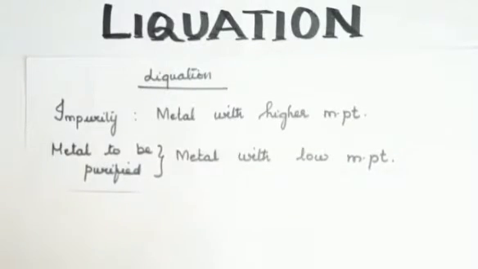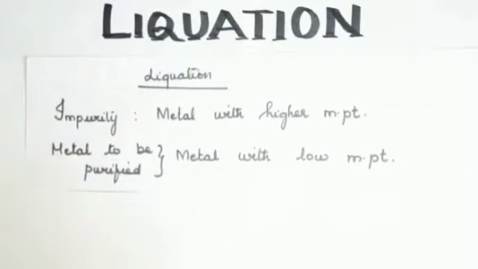The impure metal is placed on the sloping hearth of a laboratory furnace and it is heated just above the melting point of the metal in the absence of air. The molten pure metal flows down and the impurities are left behind.